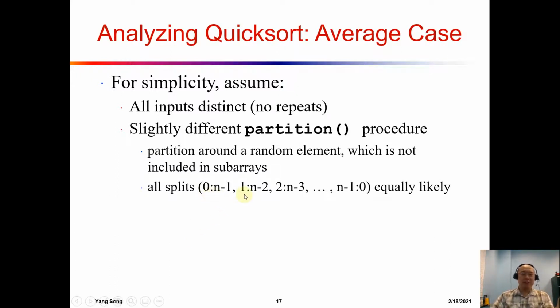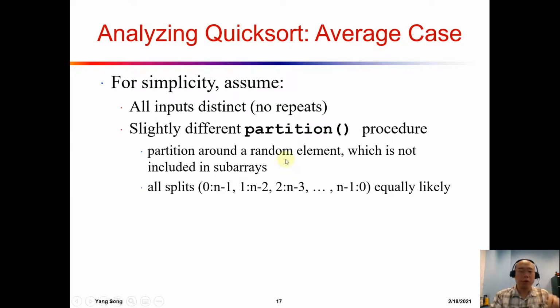Another possibility is we have one value on the left side, then the pivot, and then the rest, n minus 2, on the other side. And then we have two values on the left side, one pivot, and n minus 3 on the right side. So those are all the possibilities, and the probabilities of those possible partitions are the same.